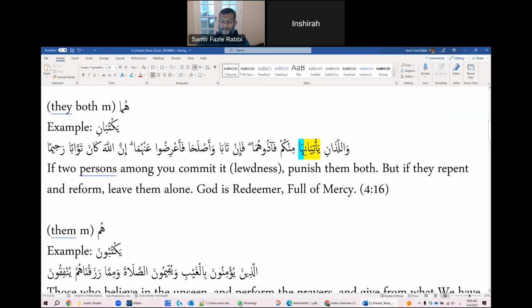It's like he did it, and then you're like, well, what does it mean? So you'd have to see from context. In this particular case, if two persons among you commit it, and here I put in parentheses that it's from the previous verse, which is fahisha. If two persons among you commit lewdness, punish them both, but if they repent and reform, leave them alone.